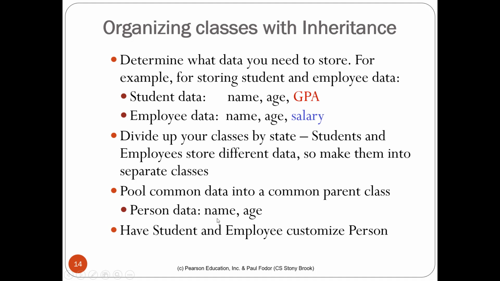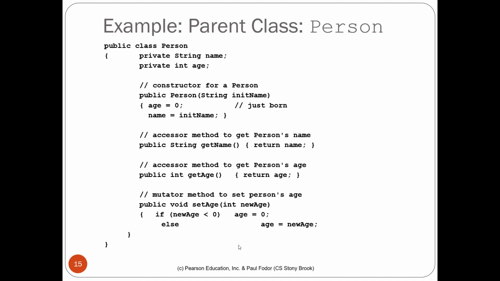Okay, so for person you'll have name and age, and then you should use the other classes that you have, the subclasses like student class and employee class, to specialize this class, or to customize this class. So that's what we mean. Have student and employee customize the person class. All right, great. So let's look at the implementation now.